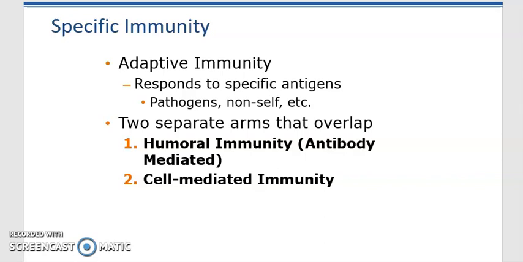So we have two separate arms of specific immunity, or our adaptive immunity, that overlap, and those are our humoral immune response and our cell-mediated immune response.